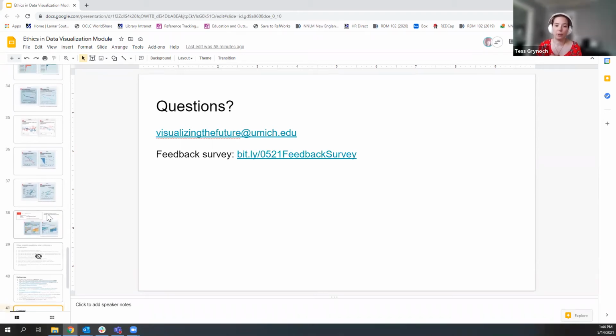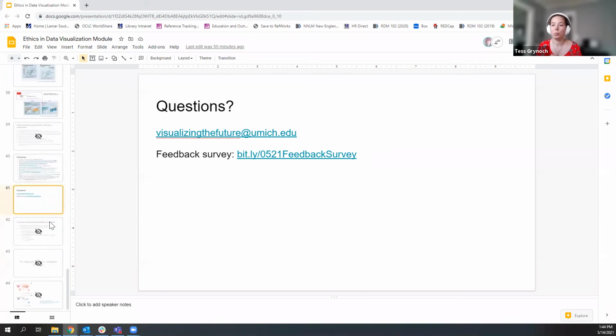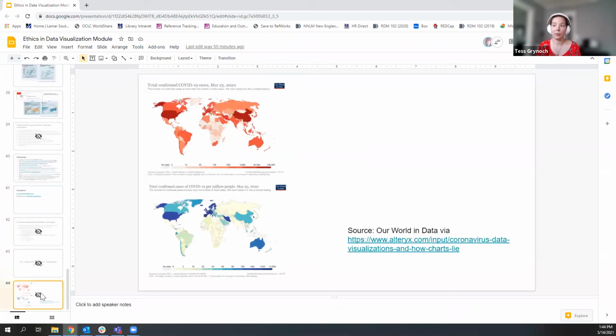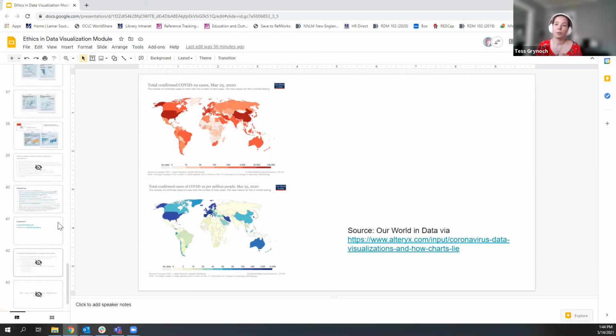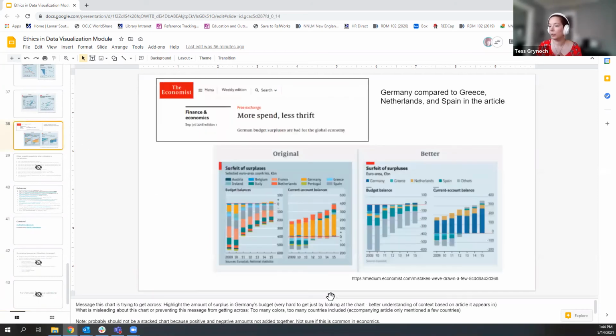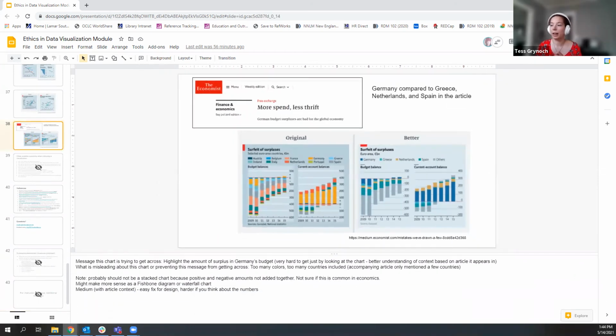For example, we started collecting alternate examples for the second activity where you are comparing two different charts. We also, for each of the activities, provided possible answers and perhaps areas for further discussion, as well as for the second activity.